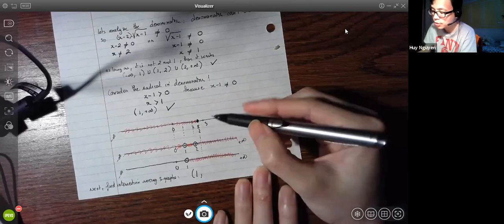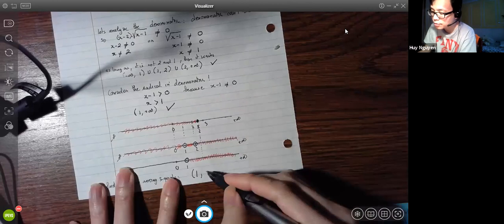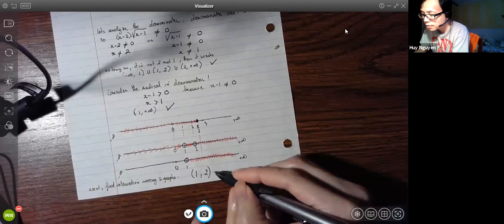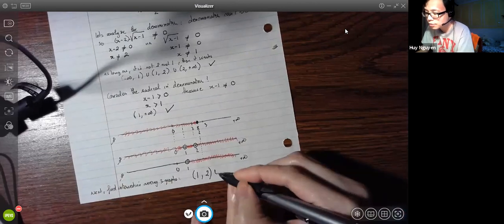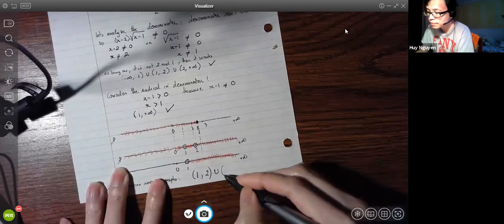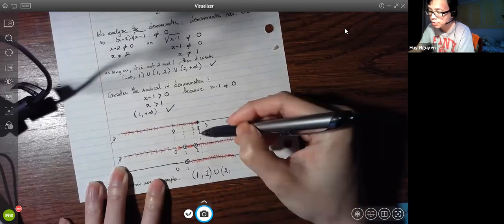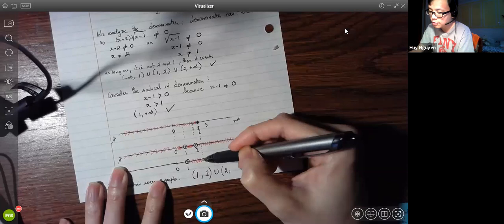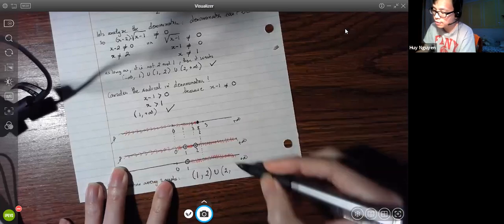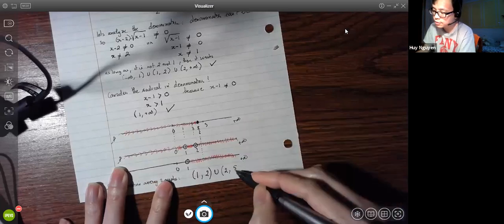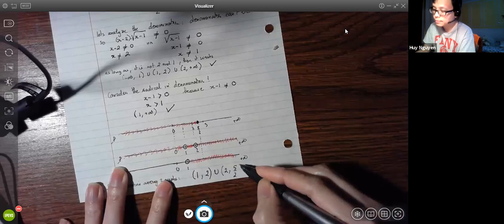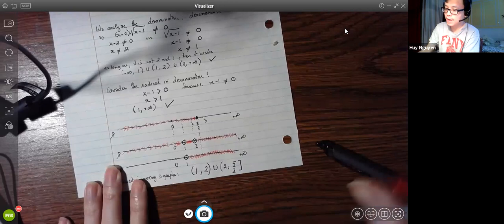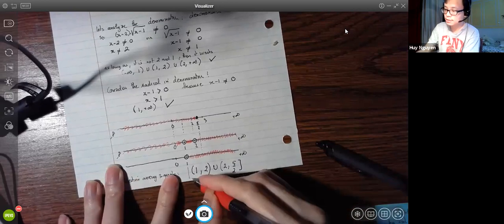So this will be between 1 and 2, union with 2, 5 over 2. This is included, right? This is also included, 5 over 2 here. This is also included, 5 over 2 here. So your final answer will be 5 over 2 bracket. This is the final answer.